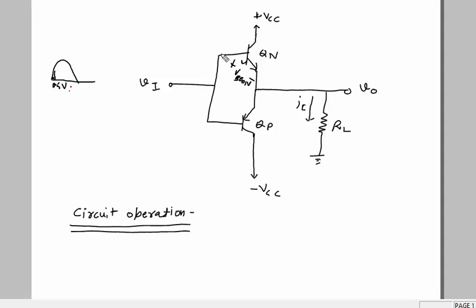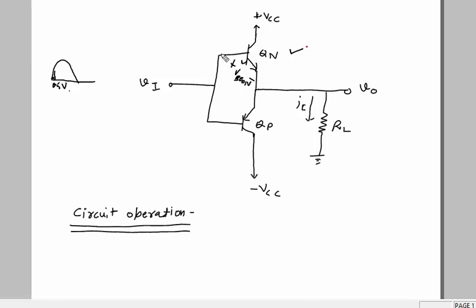So as Vi goes positive and exceeds about 0.5 volt, QN conducts. This time it will behave as an emitter follower, and V0 follows Vi.